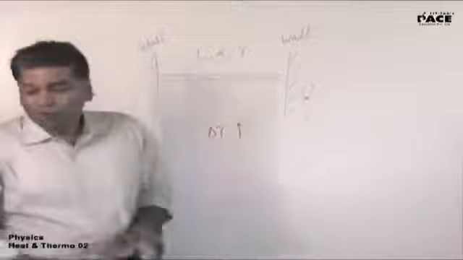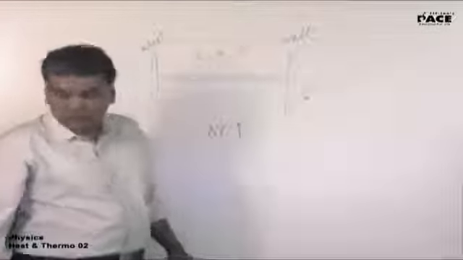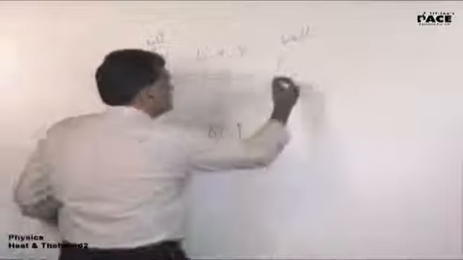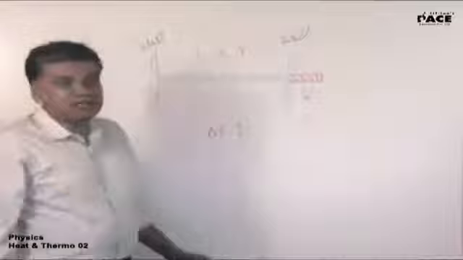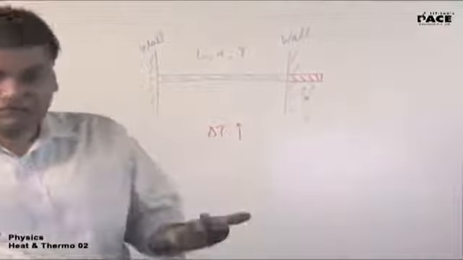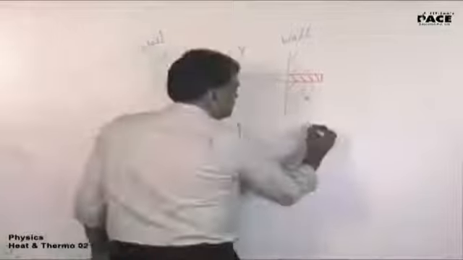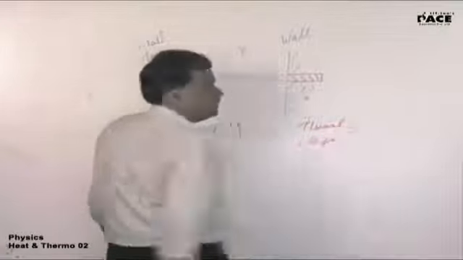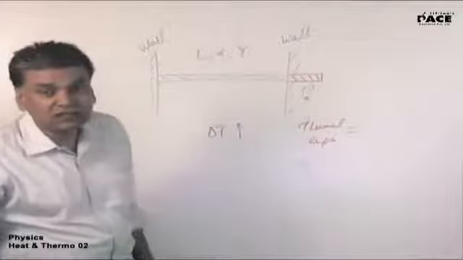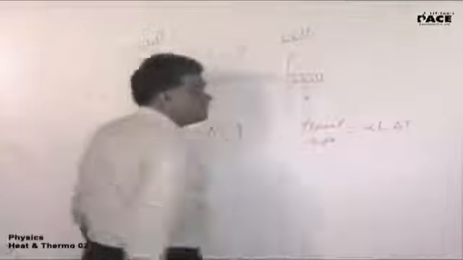Now think of it. What would happen if this wall were not there? If this wall were not there, this would have expanded like this. Of course, I am exaggerating the length of expansion, but that's the idea. So how much would this expansion be? The thermal expansion would have been delta L is how much? Alpha L delta T. Can we say that?